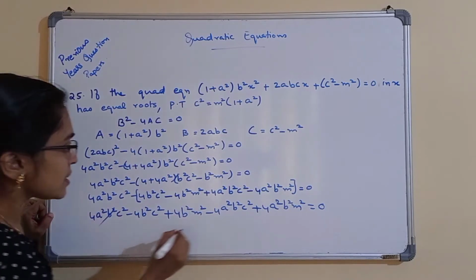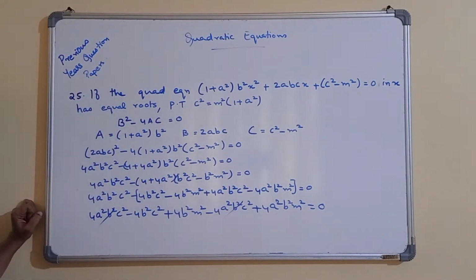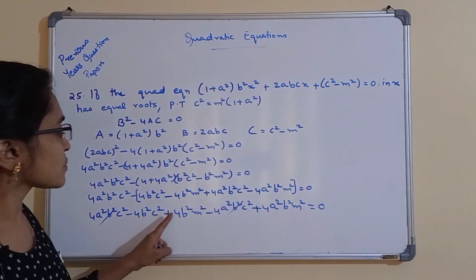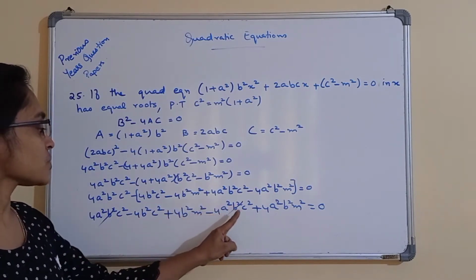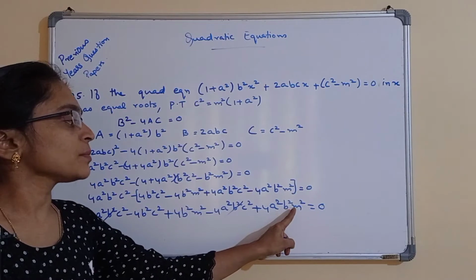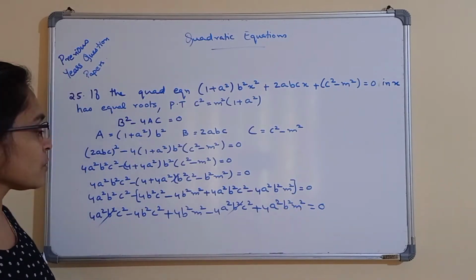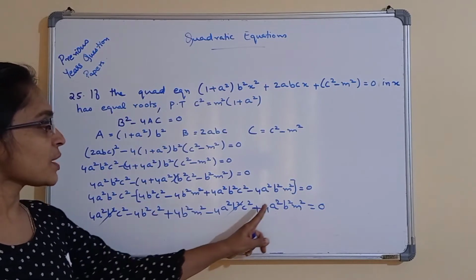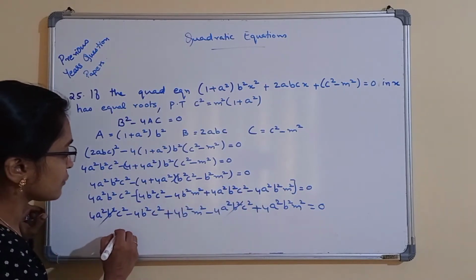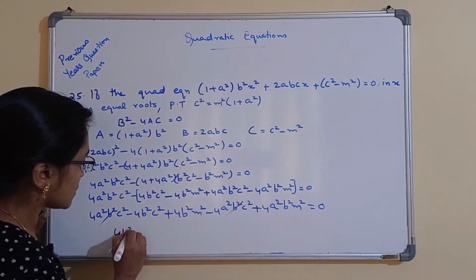Here this and this will get cancelled. So we have −4b²c² + 4b²m² + 4a²b²m² = 0. Now 4b² is common, so we can take 4b² out.